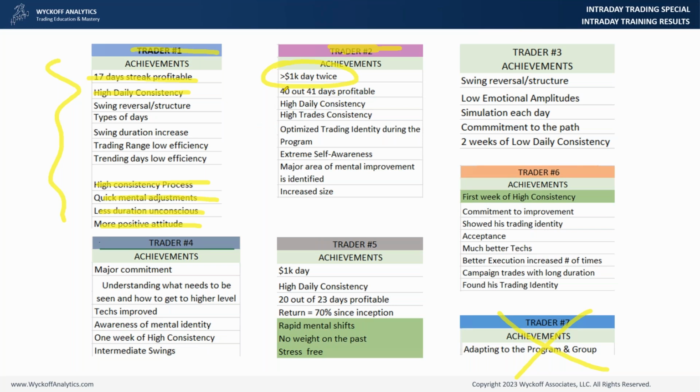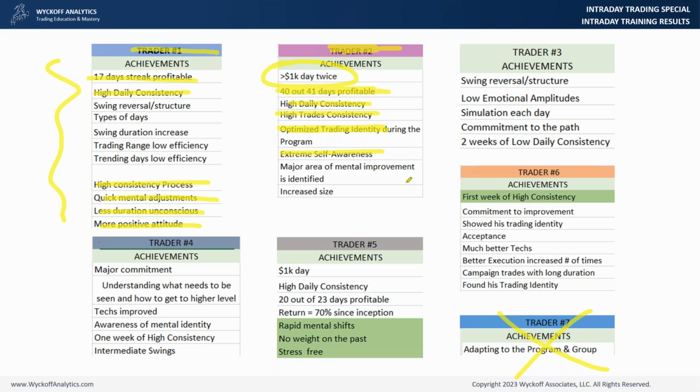40 trading days. 40 out of 41 days were profitable, so that was really consistent trading, high daily consistency, high trades consistency. We optimized his trading identity. That was great, and then the results magnified extremely. Extreme self-awareness.